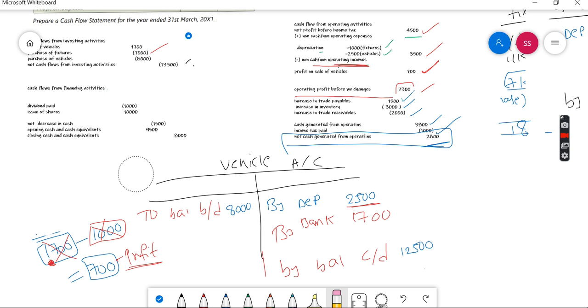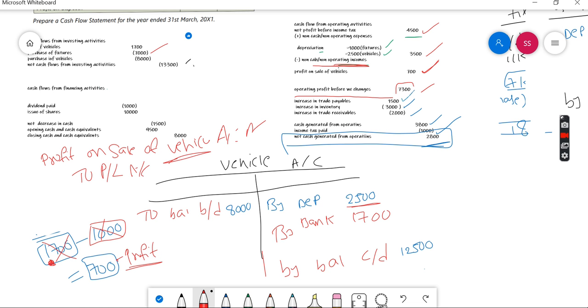So here, profit on sale of vehicle account debit to P&L account. So that means in vehicle account it is to P&L, for how much we got profit? 700, right?